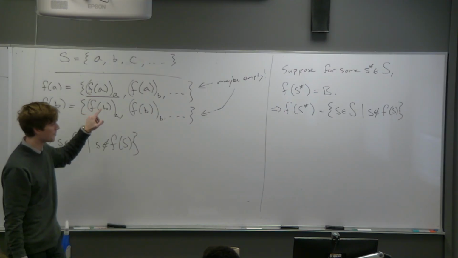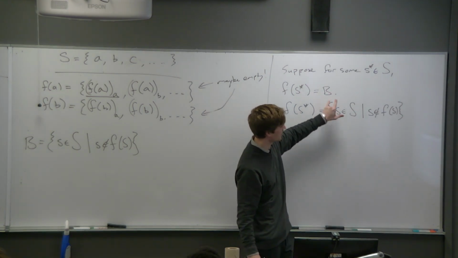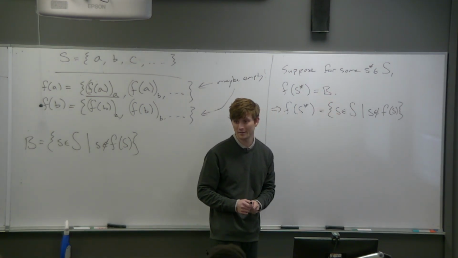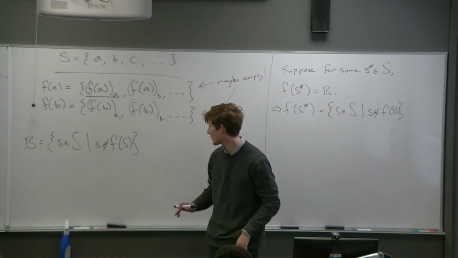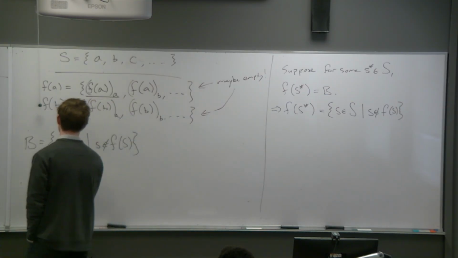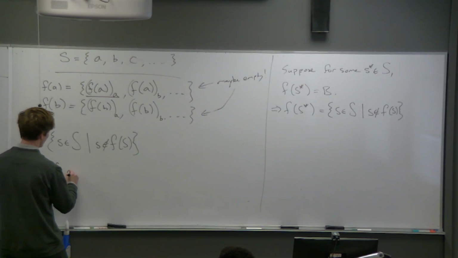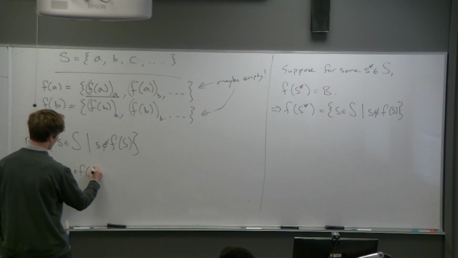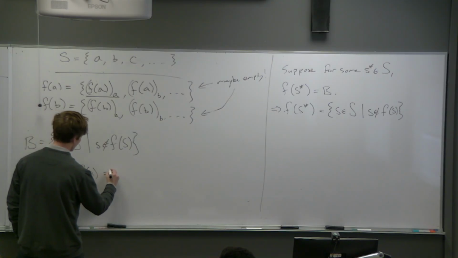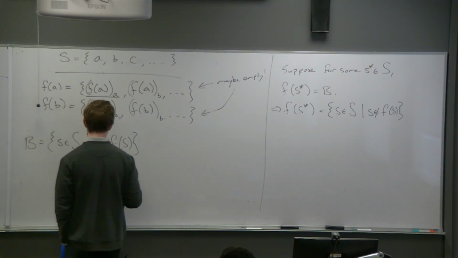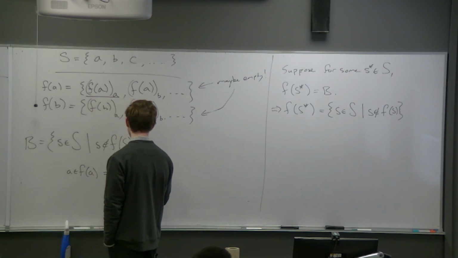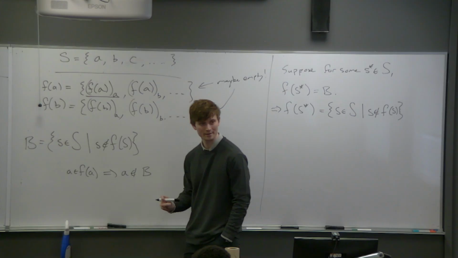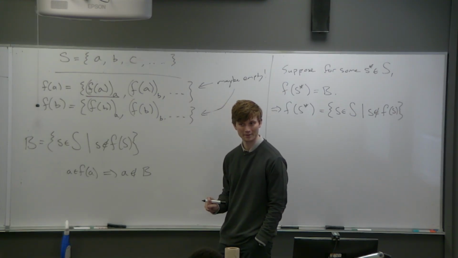So that A would not be in B, right? Okay, so let's write that. That is, A is in f of A implies that A is not in B. Yeah? Agree with this?